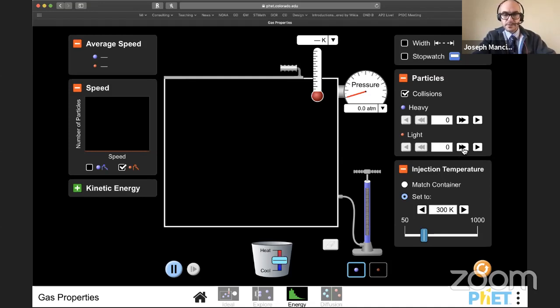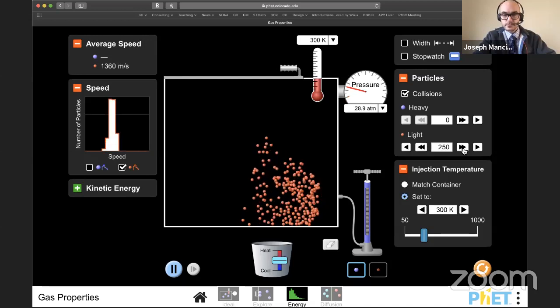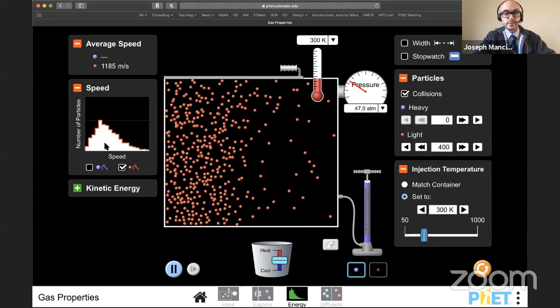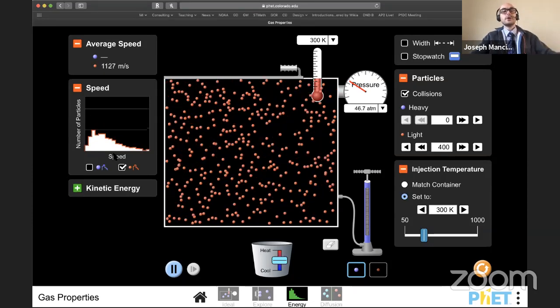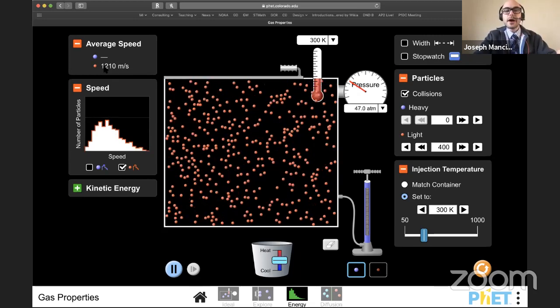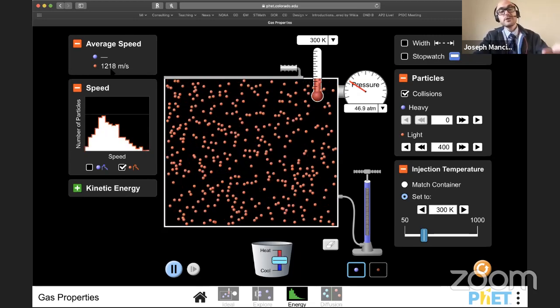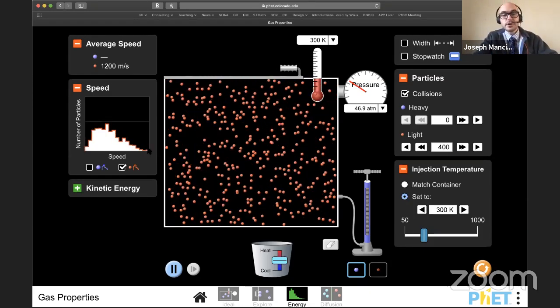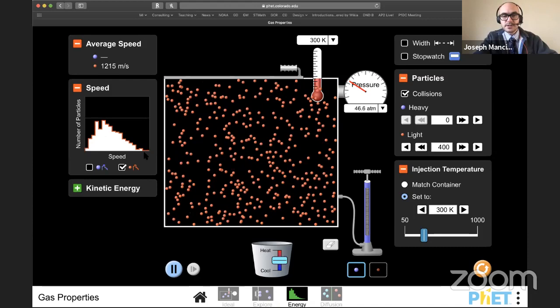All right, here comes some gas. So you can notice over here, we started with a big spike, and now you already see a spread of speeds, and it comes to about 1,200 meters per second. And even though the average is about 1,200 meters per second, every particle in the gas is going its own unique speed.